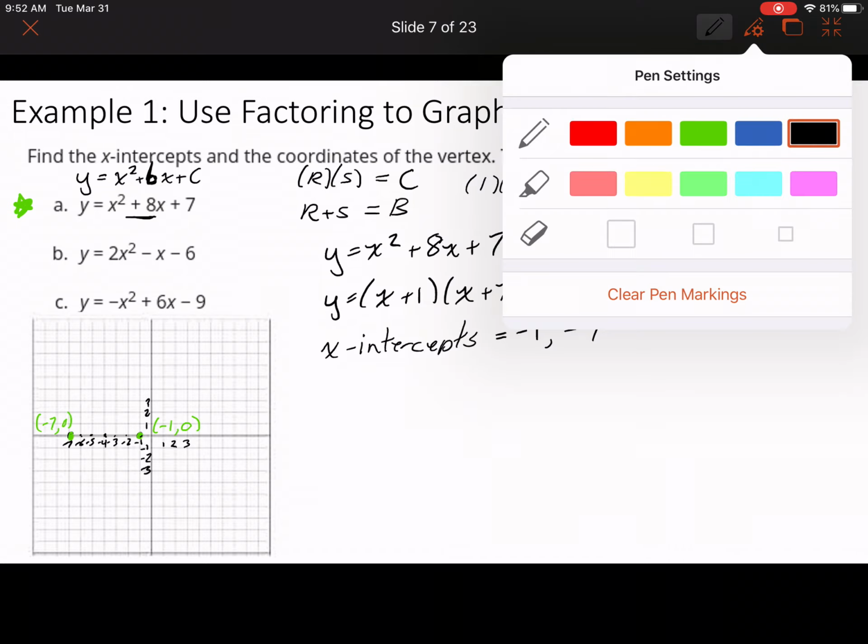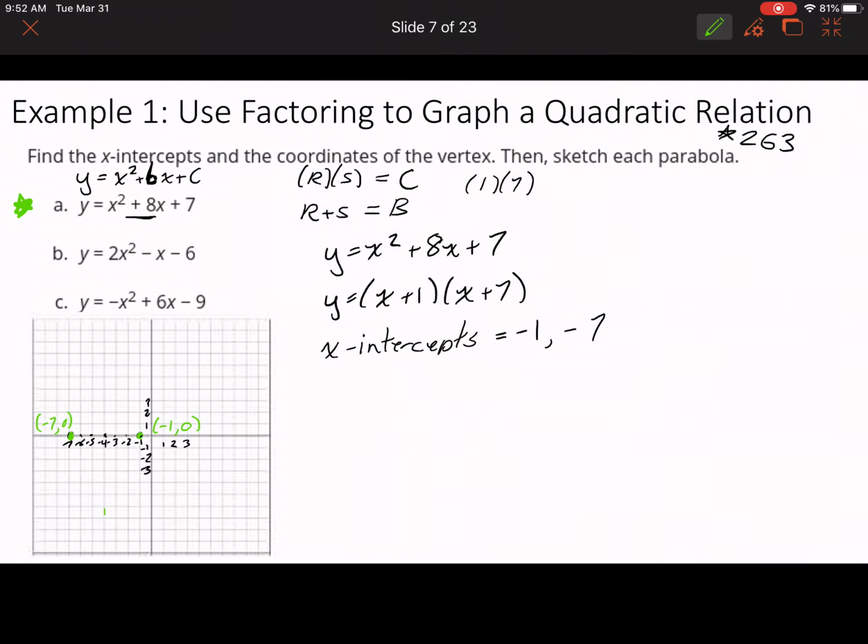So -4 is directly in the middle. Our axis of symmetry is x equals -4. Sometimes it may end up being a fraction, a half, but right now we've got a whole number.